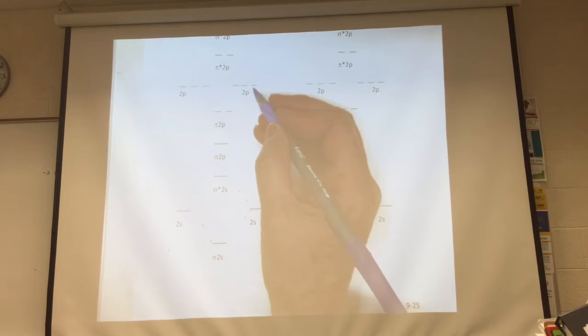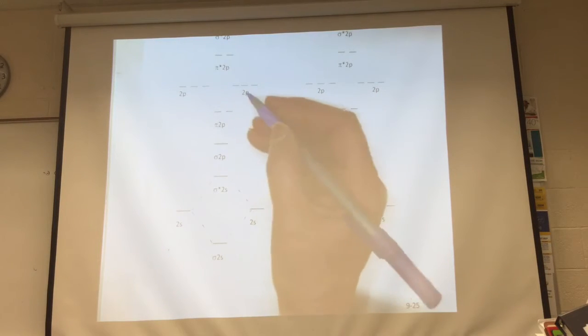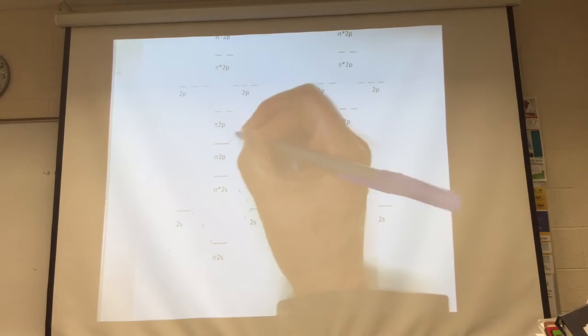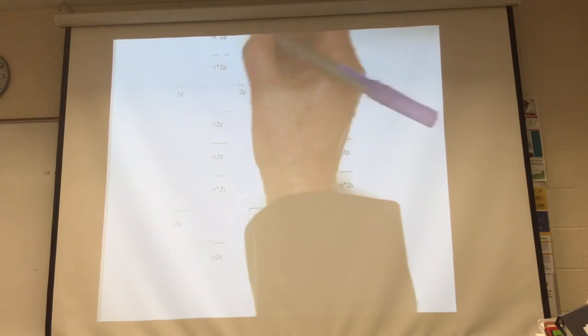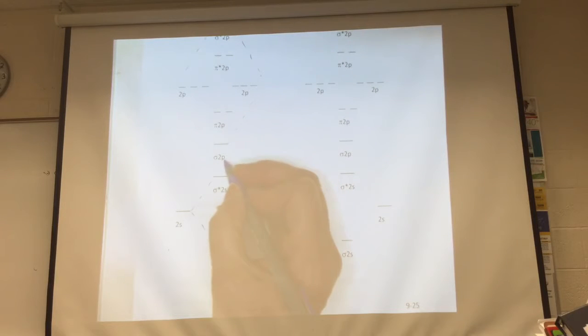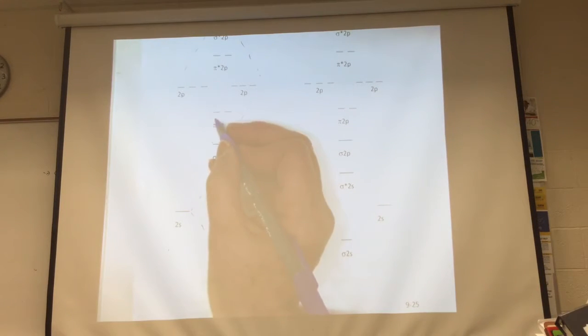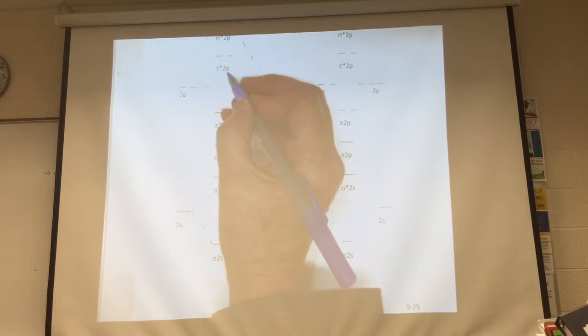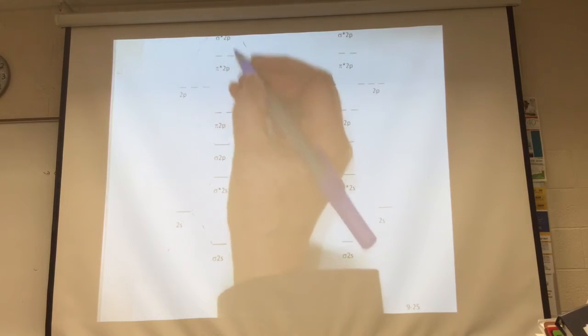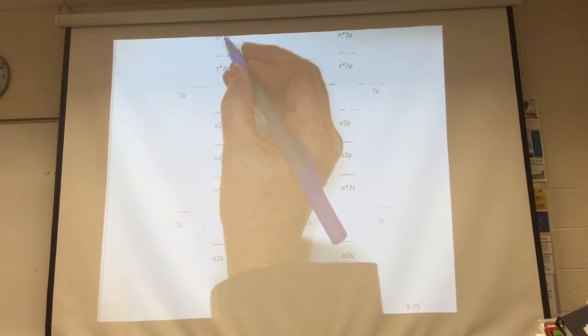There are 3 2p orbitals in each atom. That gives us a total of 6. So they combine and they make the sigma 2p, that's a bonding orbital, and we get two equal energy pi 2p bonding orbitals. We also get the pi star 2p, two equal energy orbitals, and the sigma star 2p.